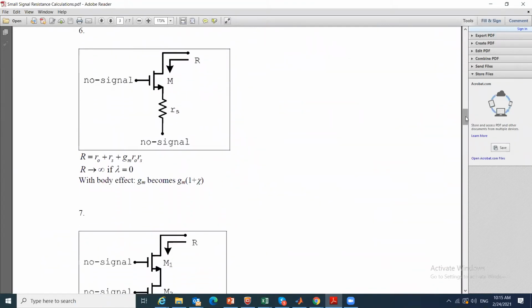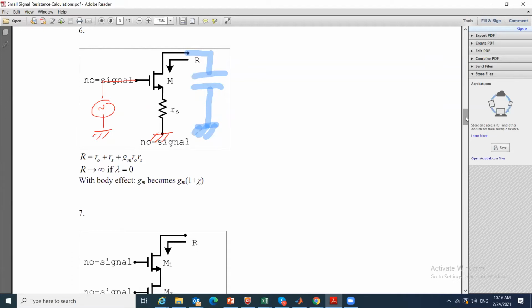For example, I have a capacitor here. I'm just giving you an example because you can reuse those capacitors. Let us assume that we have some signal here, and that this is grounded. And we want to find what is the time constant or what is the resistance seen by this capacitor.